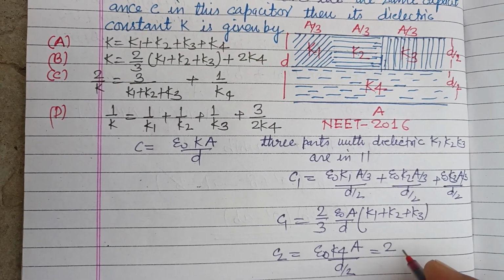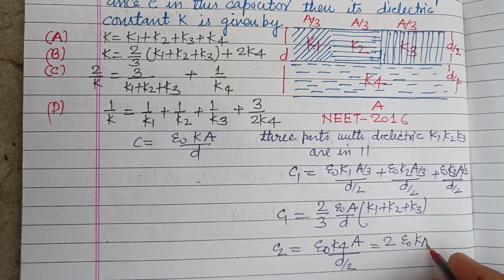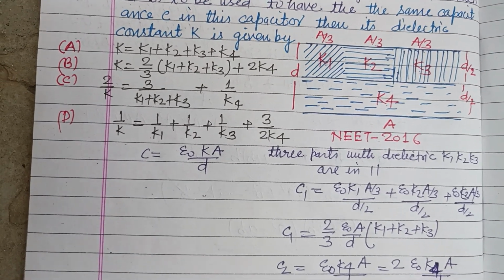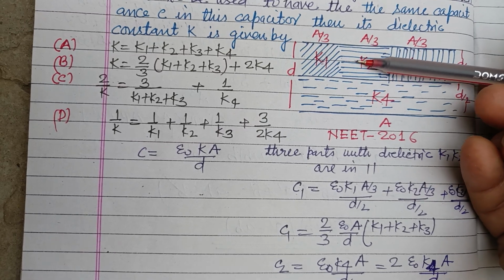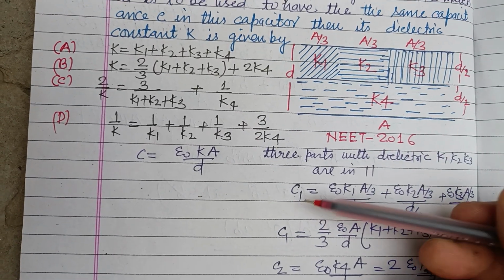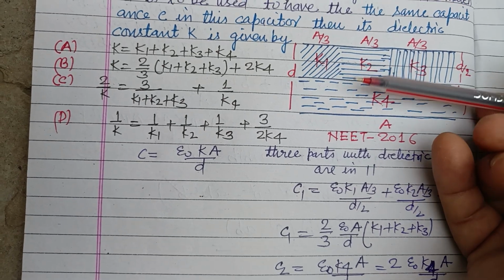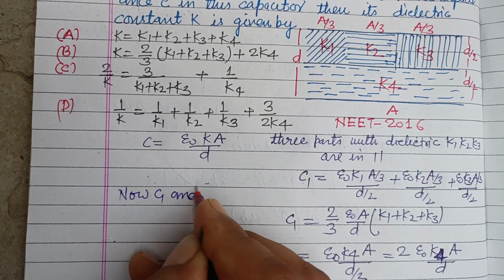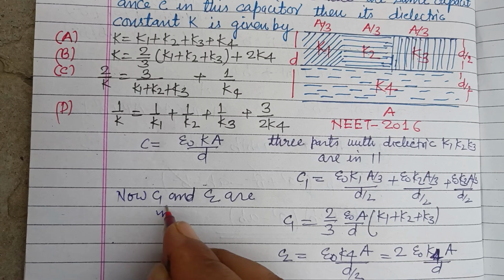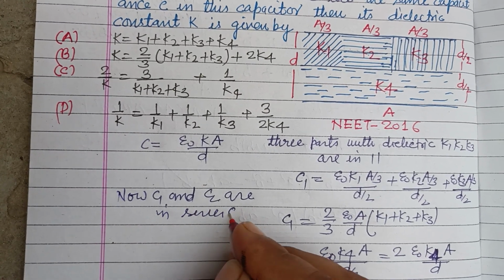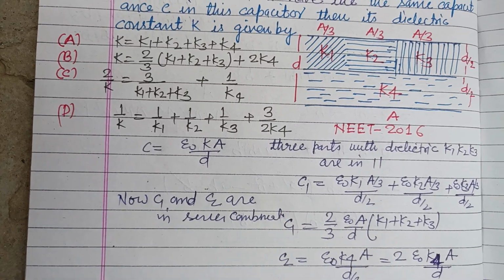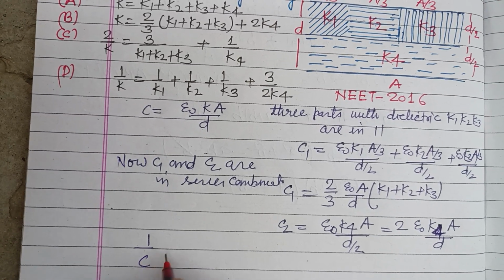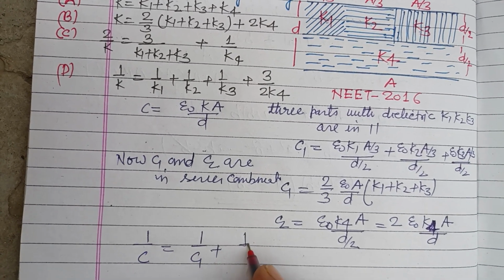So this becomes 2 epsilon naught K4 A upon D. Now students, these three parts with combined capacitance C1 and this part with C2 are in series combination. Therefore their equivalent capacitance C is given by 1 upon C equals 1 upon C1 plus 1 upon C2.